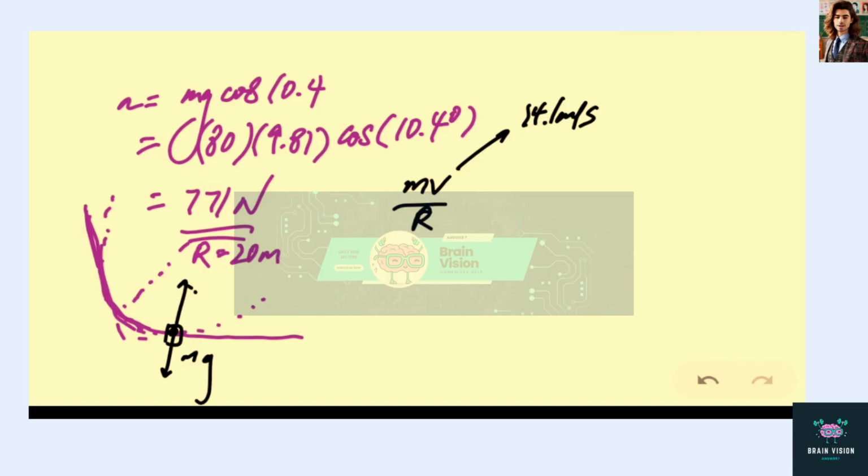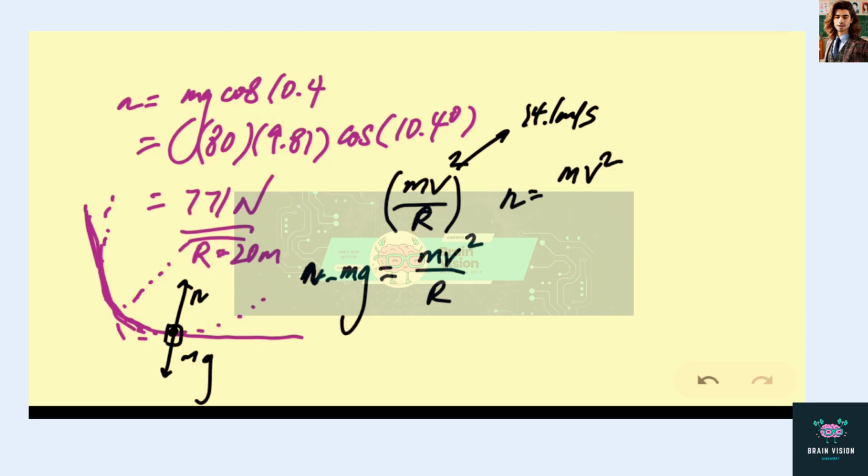It is experiencing the normal force that we want to find, and the net force, which is the normal force minus the weight, must be equal to the centripetal force. So the normal force would just be equal to mv squared over r plus mg.